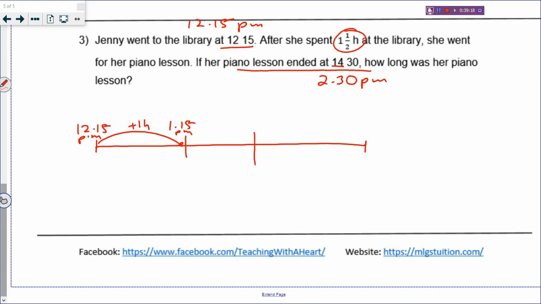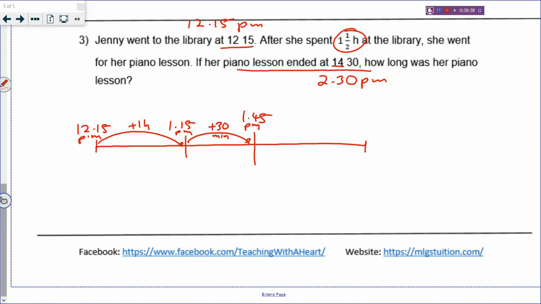Half an hour is 30 minutes, and that will be what time? 1:45 p.m. So after 1.5 hours, she went for her piano lesson, which is at 1:45 p.m.